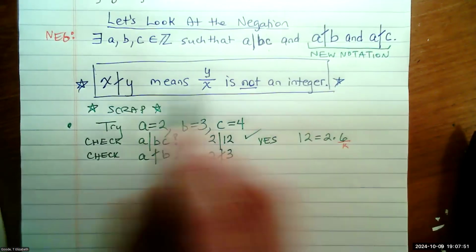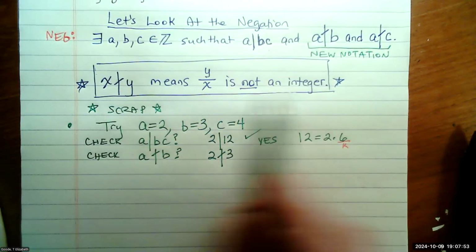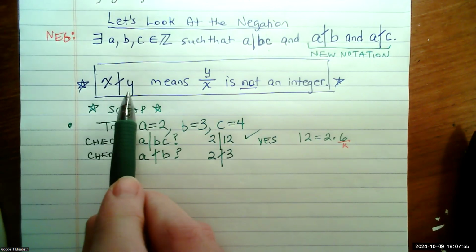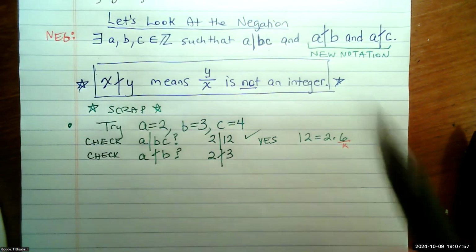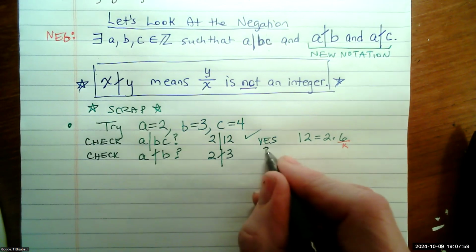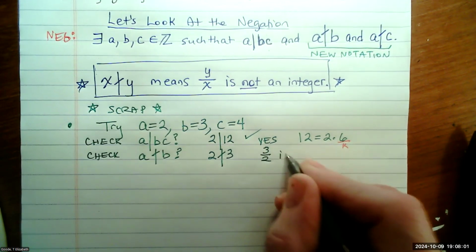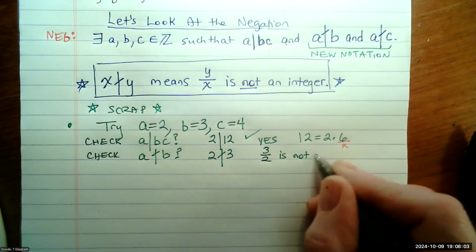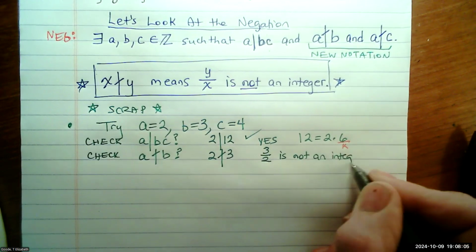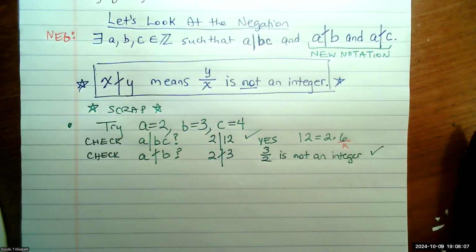Well, let's just remember we've got this information. 2 does not divide 3 means 3 over 2 is not an integer. Yeah, 3 over 2 is not an integer, right? So good. Check. So far, so good.